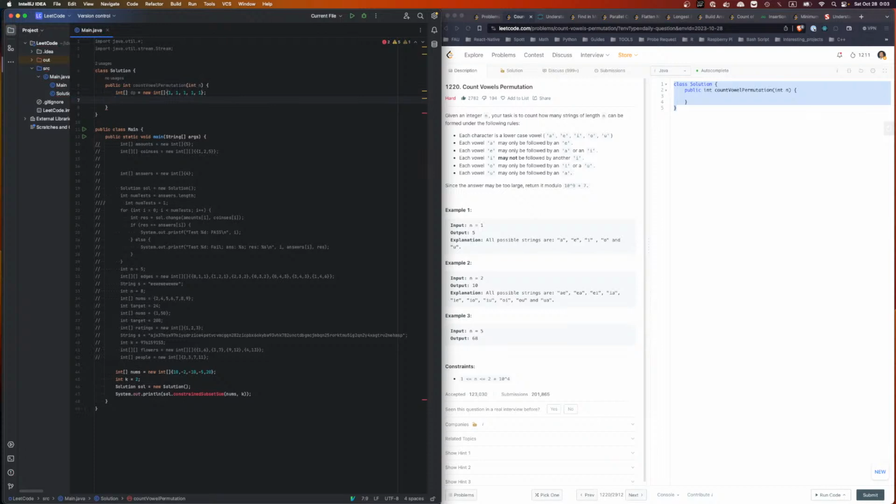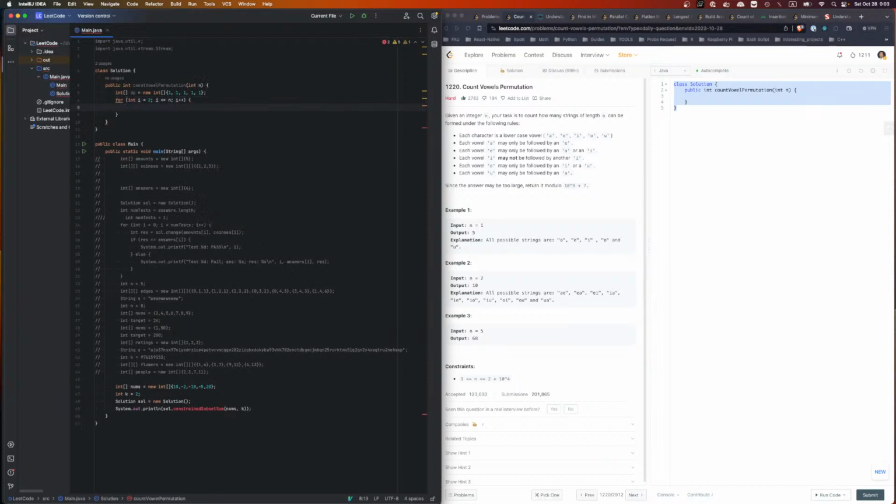And then for int i equal to 1. Now we done 1, so i smaller equal to n, i plus plus.